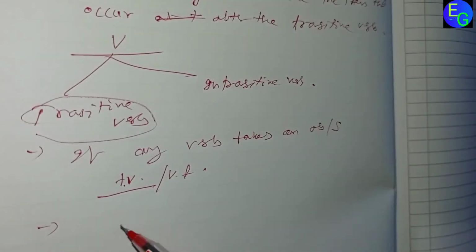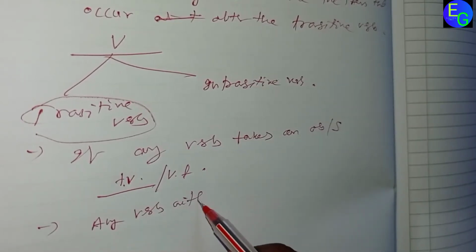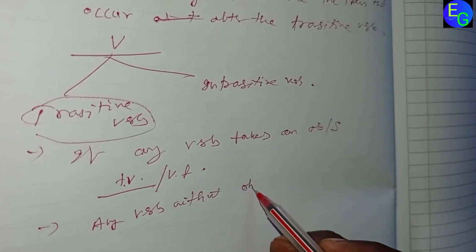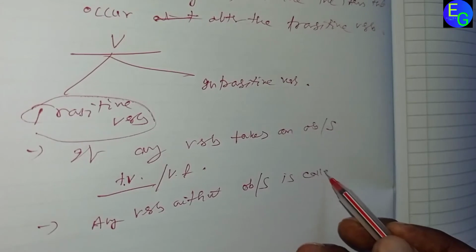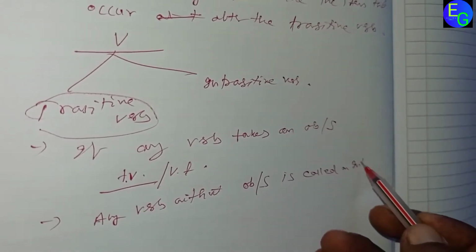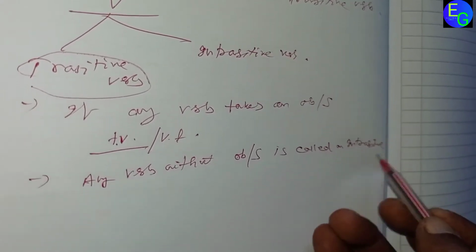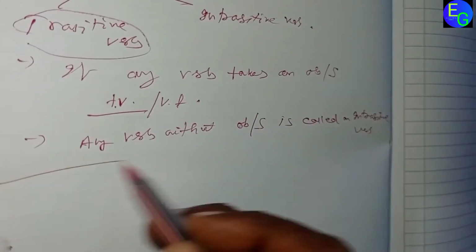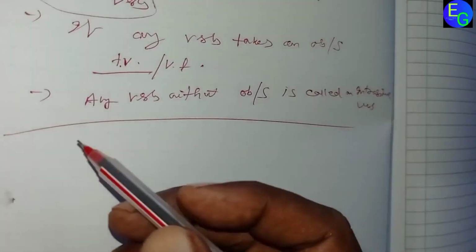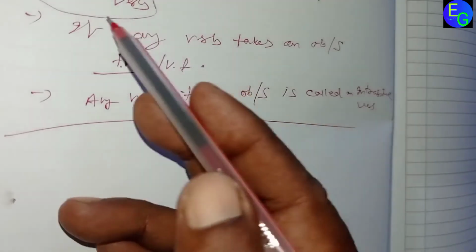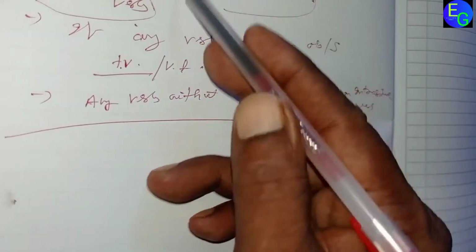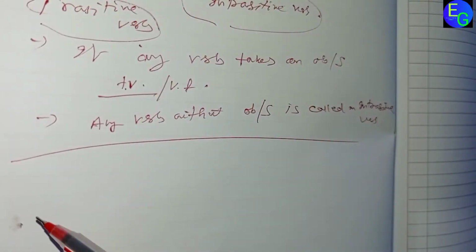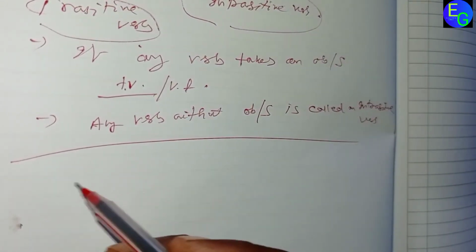Similarly, any verb without object or objects is called an intransitive verb. So in this way we have two types of verbs in English: transitive verb and intransitive verb. So let us start an example.